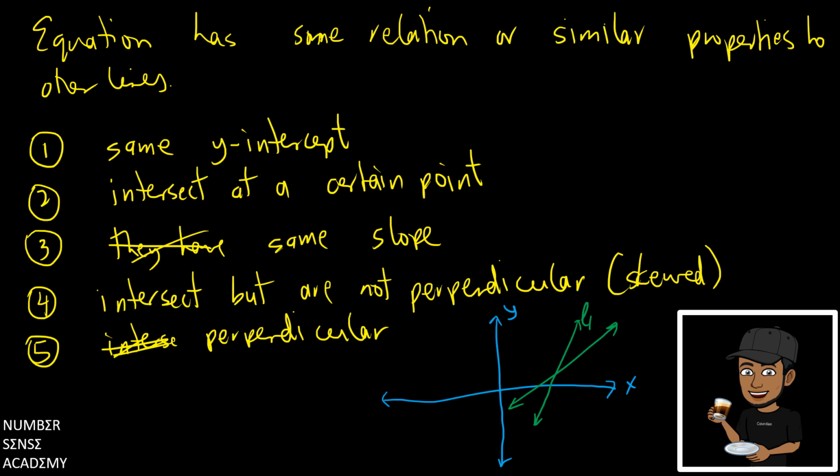This is my L1, L2. We see where they cross, right here in the middle. So this point is on both of these lines. Okay, so they intersect, but they're not perpendicular.